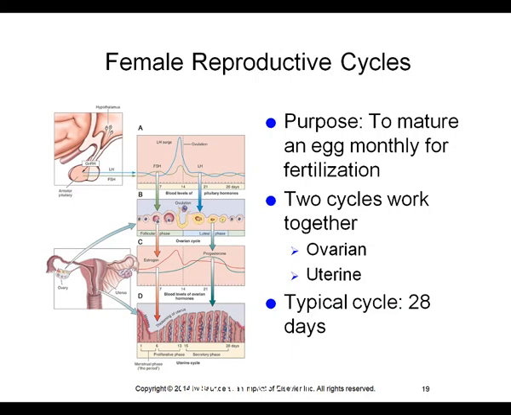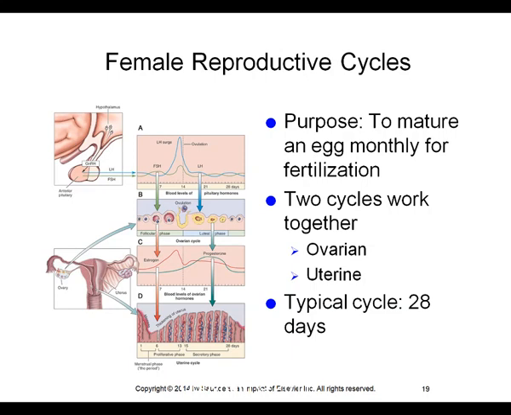This diagram B is showing you what's going on in the ovary, which we already discussed. So to the left is the egg developing, the follicle developing around it, then ovulation occurs, then the follicle becomes the corpus luteum. That's called the luteal phase. That's what's happening in the ovary. The follicle secretes estrogen.